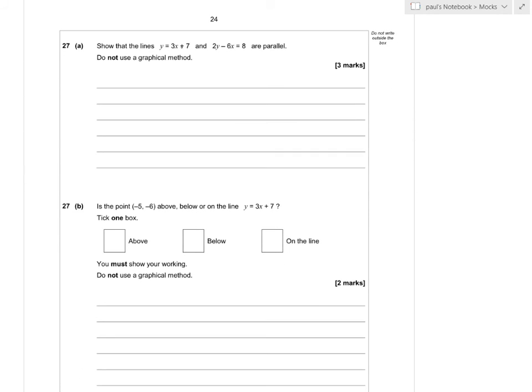Show that y equals 3x plus 7 and 2y plus 6x equals 8 are parallel. Okay, so first of all, y equals 3x plus 7. Rearrange this. 2y equals 6x plus 8.